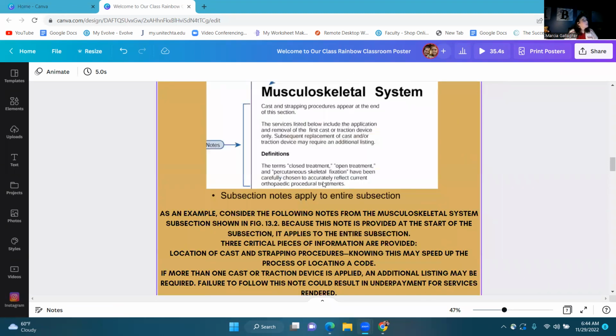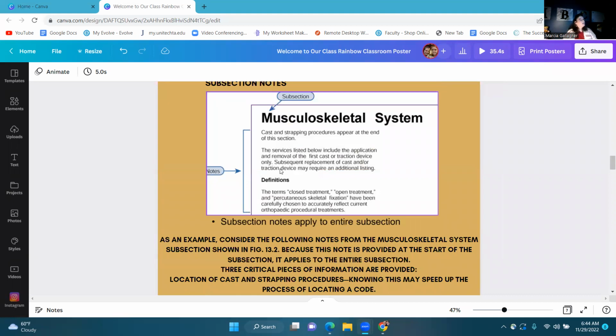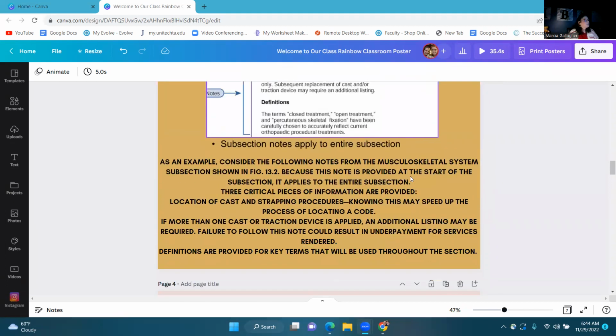And one of the things I want to point out is it has some notes, and these are going to be some definitions of importance in that section. For example, the terms closed treatment, open treatment, percutaneous skeletal fixation. You're going to be able to find lots of important definitions here.